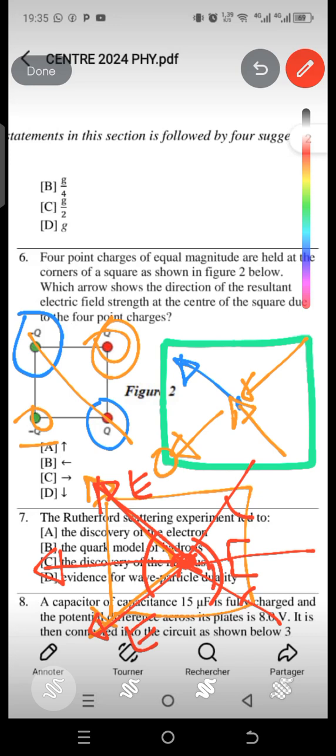If you take the magnitude of negative q, you have positive q. If you take the magnitude of positive q, you have positive q. So since the magnitude of the electric field strength in those directions are the same, the resultant electric field strength is going to act at the center. So it's going to be perfectly horizontal. So option B is correct.